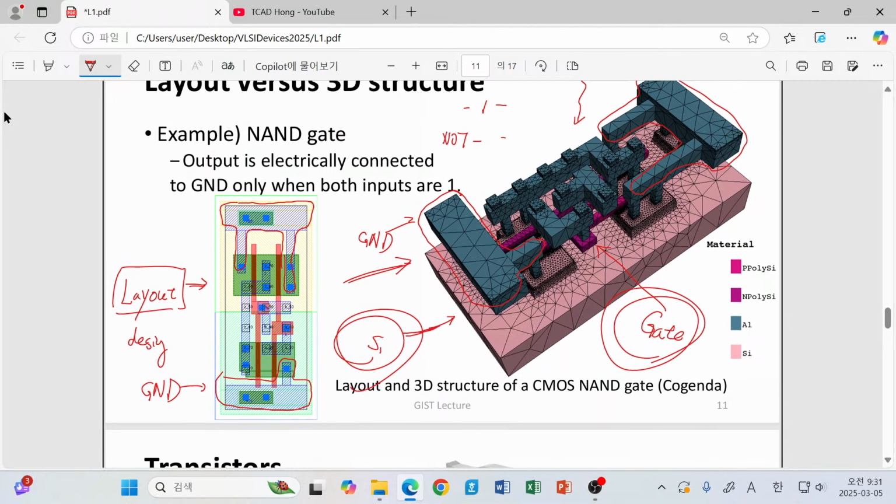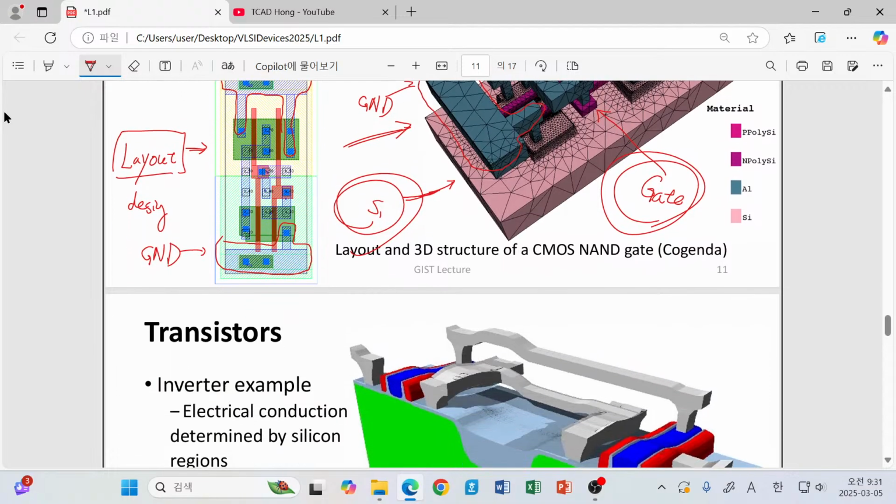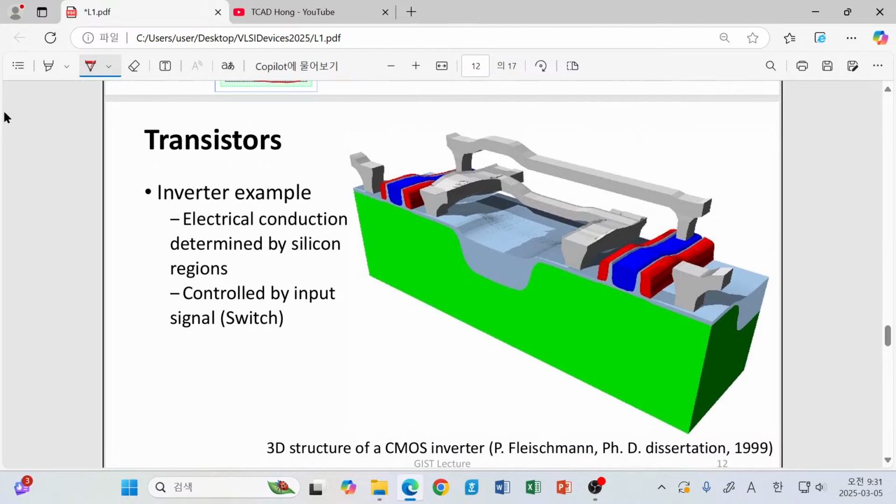Since it is a little bit difficult to see the details of this one, I have prepared a similar figure once again. This is a further simplified one called an inverter, and an inverter is just a NOT gate. If you give 1 as an input, then you will have 0, and if you have 0 as an input, then you will have 1. This is realized by this three-dimensional structure.